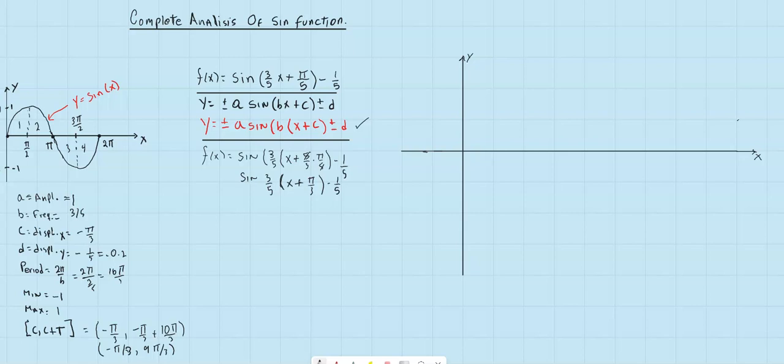So now we know we need to start here at negative pi over 3, but before we do that, I know that before my graph was at 1, but it was shifted -1/5, which is 0.8. Let me go ahead and put this line right here for reference, and this is going to be 0.8.